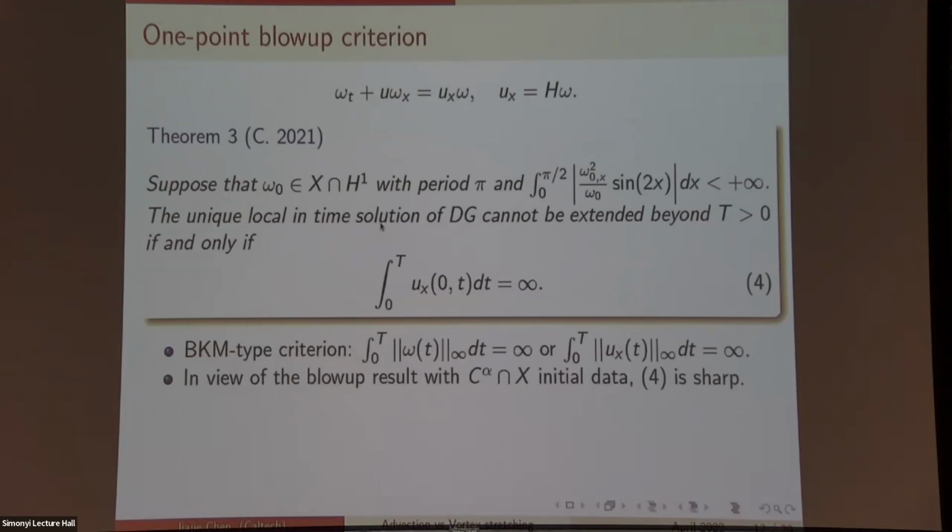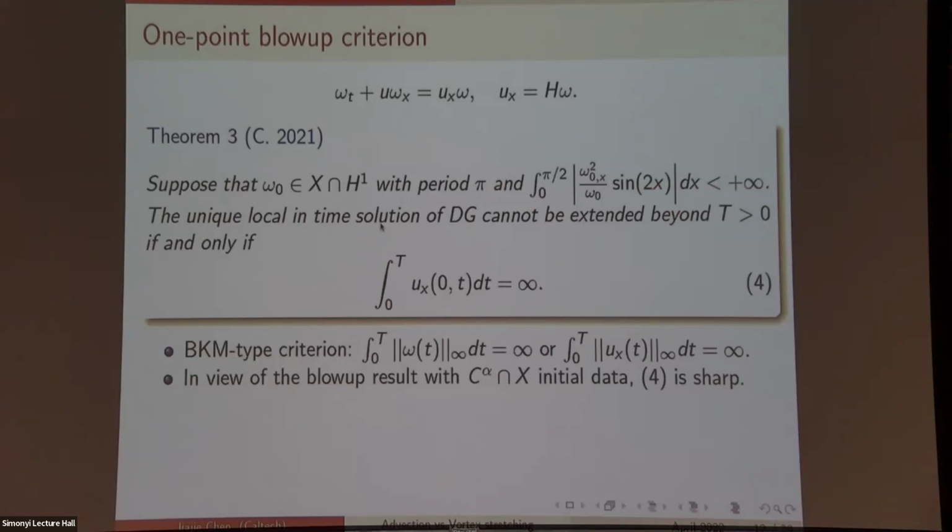To study this problem, we first established the following criterion. We consider H1 initial data in this class with this mild assumption. This assumption will be true for generic data. For example, for smooth initial data with finite degeneracy, this criterion is satisfied automatically. We show that the solution to this model blows up if and only if this quantity blows up.